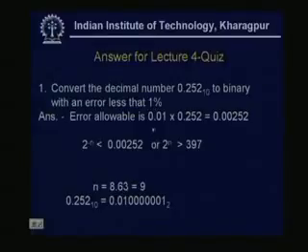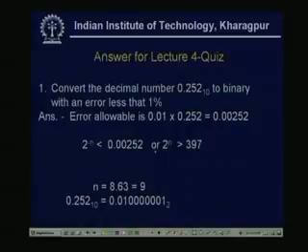Now, as the error is 1%, what will be the error on 0.252? So, we will be multiplying 0.01 into the number 0.252. So, this is equal to 0.00252.